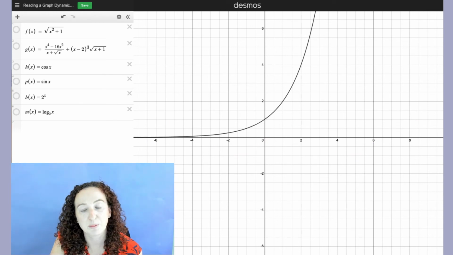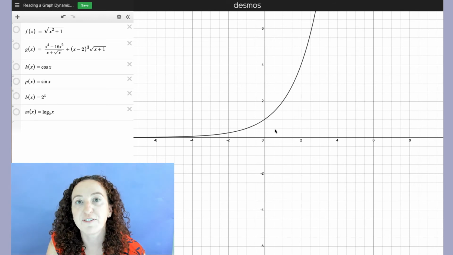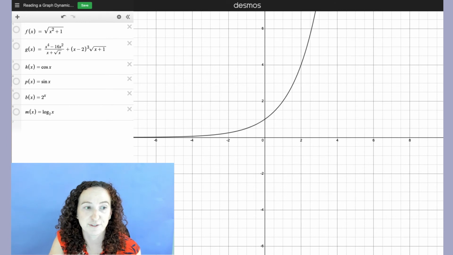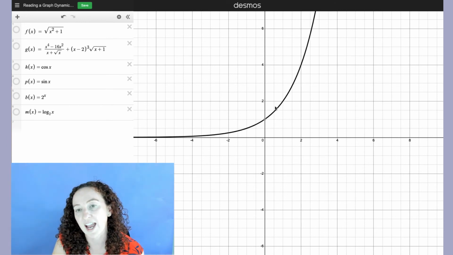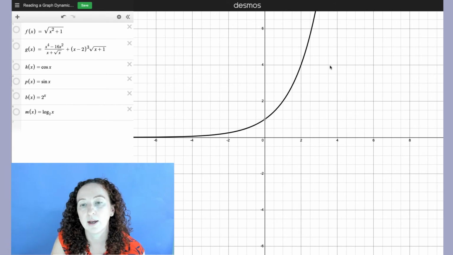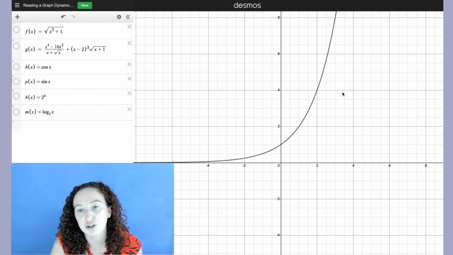Now, let's go to an exponential function. An exponential function with a base that is bigger than 1 is always increasing, and it's becoming more and more steep. One of the defining features of an exponential function is that the steepness of the graph actually depends on your output. So the steepness here depends on this 4.